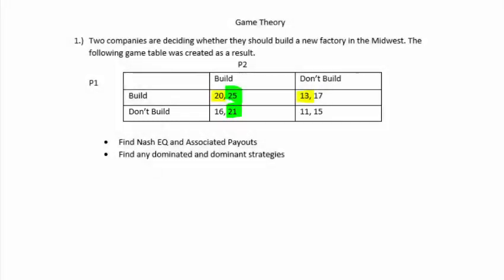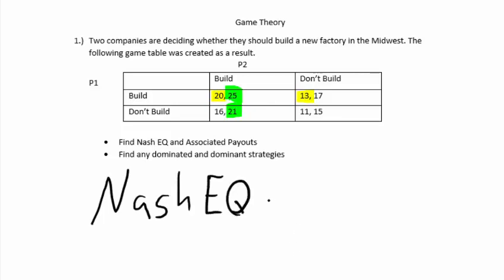As a result, we can see our most likely outcome based off of both players' likely decisions. So our Nash equilibrium is build, because this is our most likely outcome.